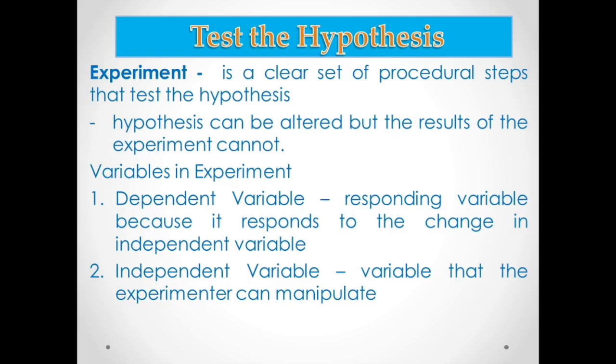And your independent variable would be, for example, that you get a sample of 1 meter of the depth of the soil, 2 meters of the depth of the soil, 3 meters of the depth of the soil.